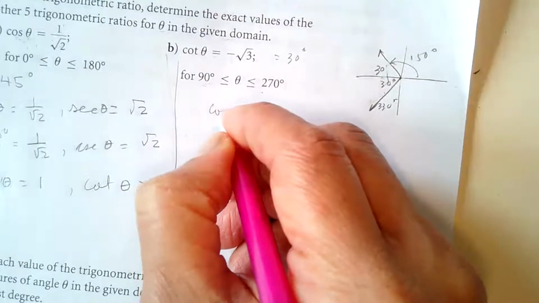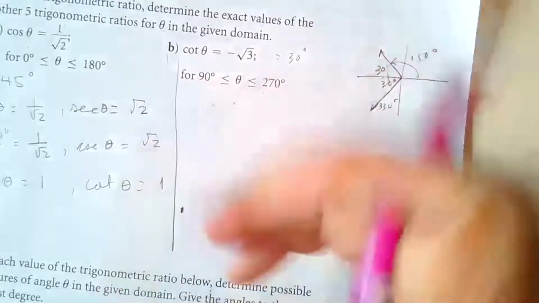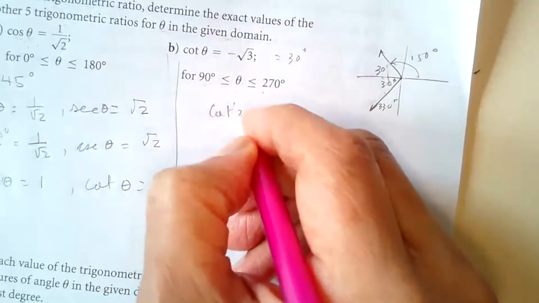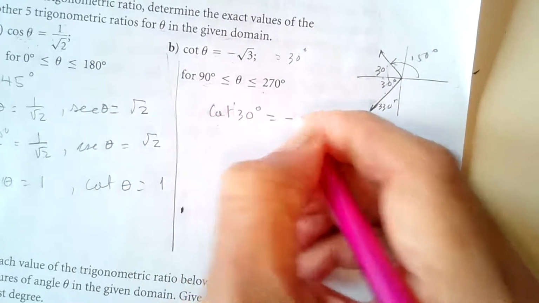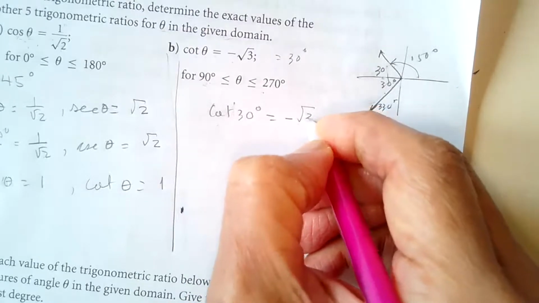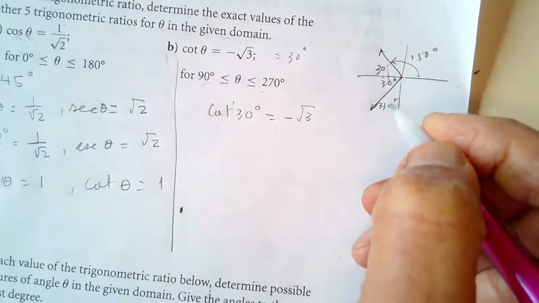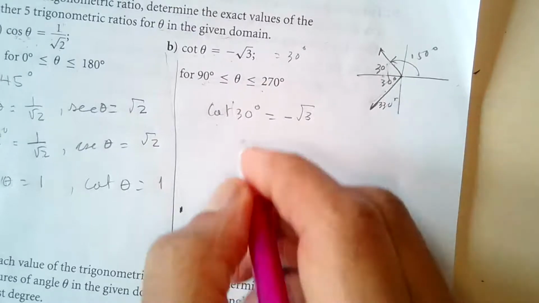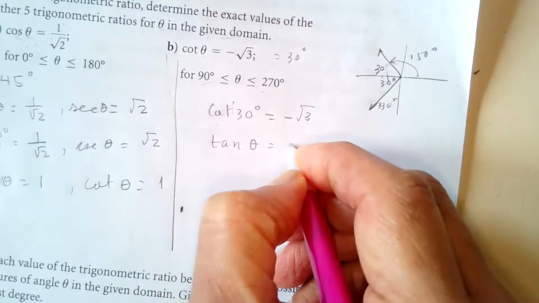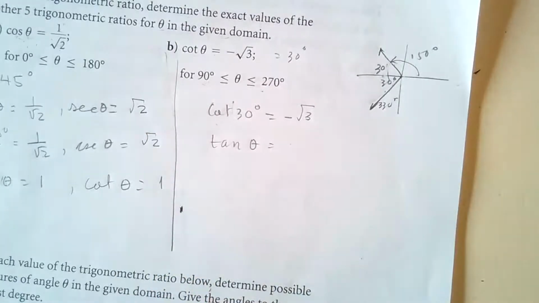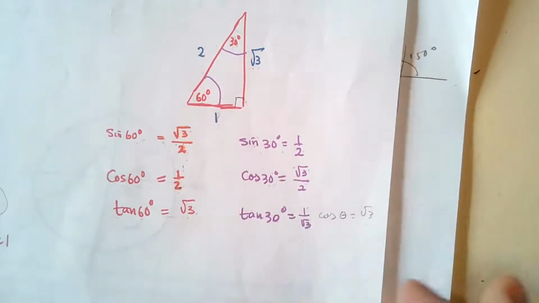So cotan of 30 degrees is equal to negative square root of 3. So tan theta, right, which is 30 degrees here, is 1 over root 3.